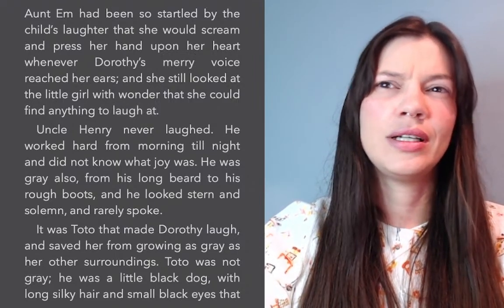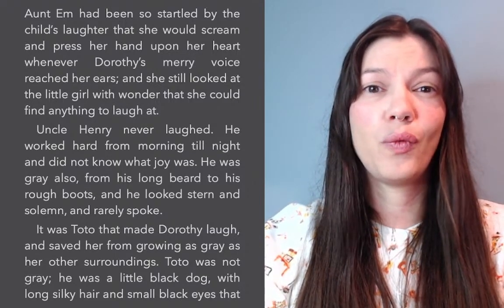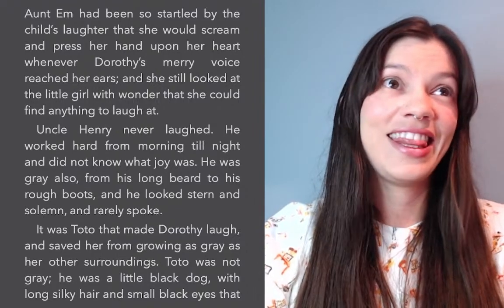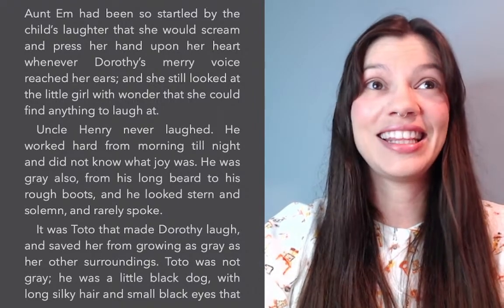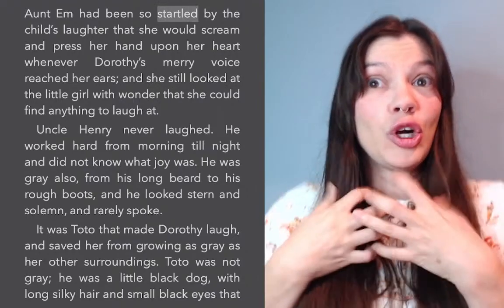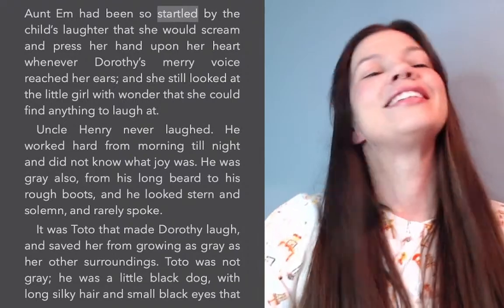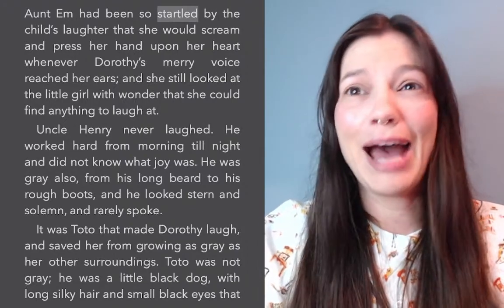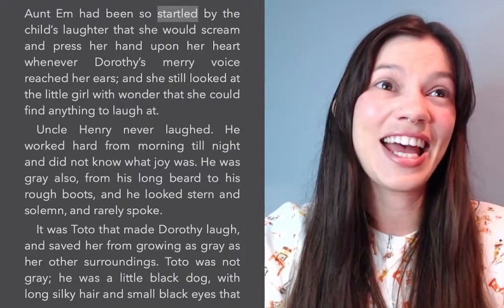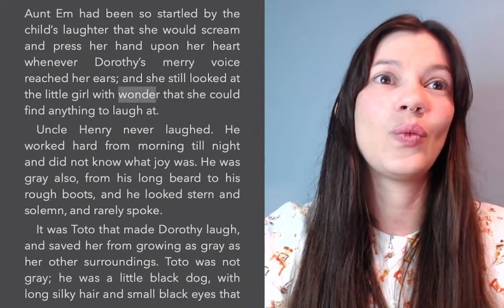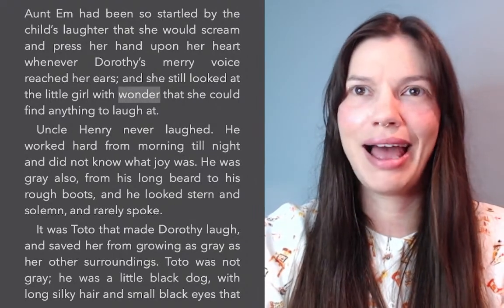So Aunt Em's life was so sad that when Dorothy laughed, it startled her, scared her. She wasn't used to happiness and didn't understand, right? She wondered how Dorothy could laugh.